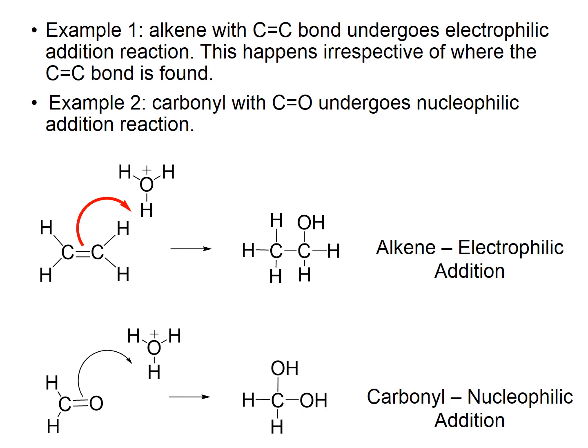For a carbonyl, you will have a C double bond O here. So in this case, you see there's a double bond here, and there is a C and an O. The electronegativity of these atoms is different. So here, oxygen gets a delta negative, and carbon gets a delta positive. So in this case, it is not the double bond that will attack, but the O with the negative charge that will attack the positive.